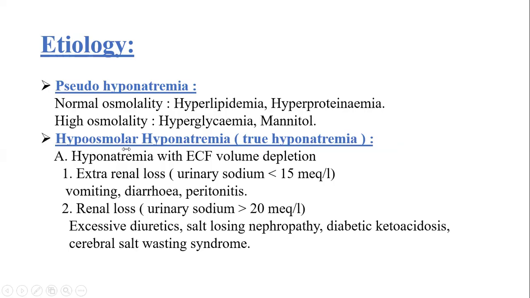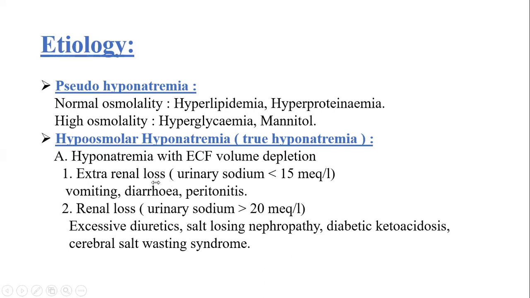Another is hypoosmolar hyponatremia, also called true hyponatremia. It can be divided again into hyponatremia with extracellular volume depletion, which can be of two types, extrarenal loss or renal loss. In extrarenal loss, the urinary sodium is less than 15 milliequivalent per liter.